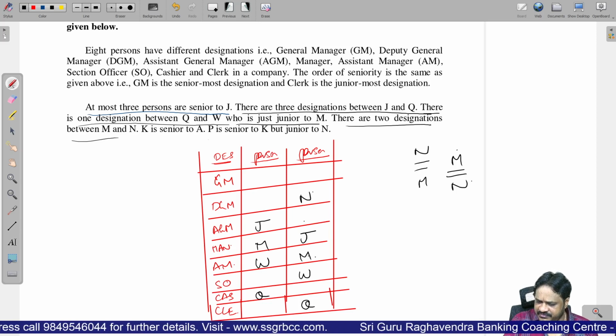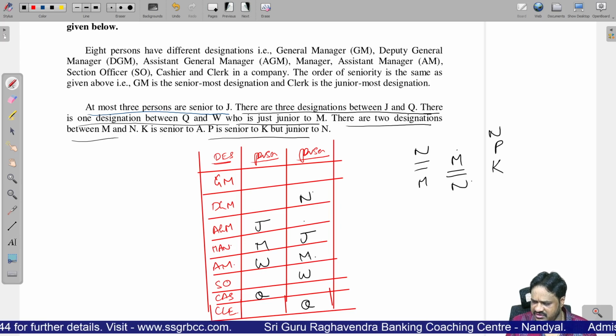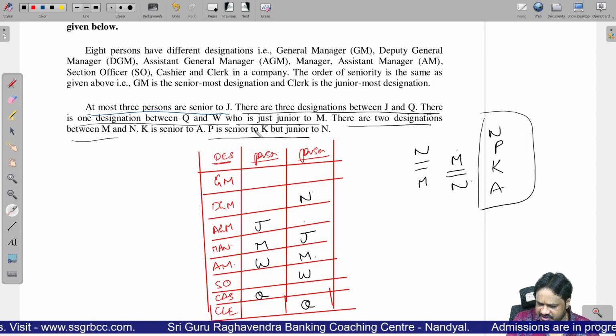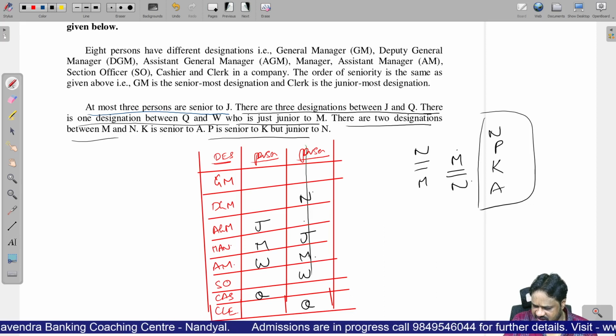Now, P is senior to K but junior to N, and K is senior to A. So we should get N, P, K, A. If I see here N, P, K, but we can't write A here, so this one is definitely wrong.